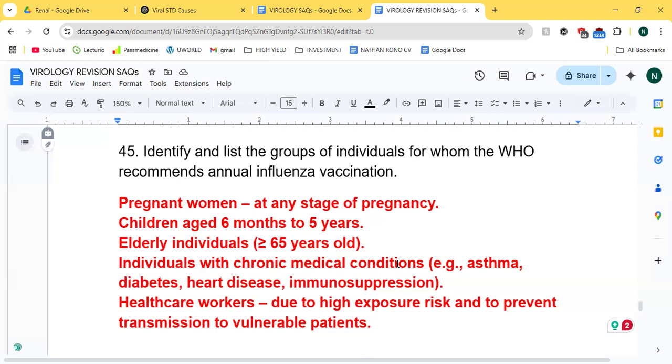So these are people who have HIV, people who are on immunosuppressant drugs, for example, if you've had a kidney transplant, an organ transplant, and you're using immunosuppressants. Then healthcare workers, due to the high exposure risk. And we don't want to transmit to the vulnerable patients because we interact with these patients who are immunosuppressed. So there's no need for them to get influenza.